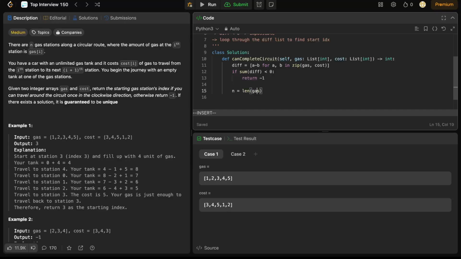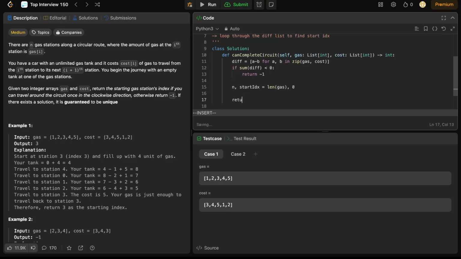So that's this. Next, we need a start index. Let's start that as 0. And we also would need to return the start index.